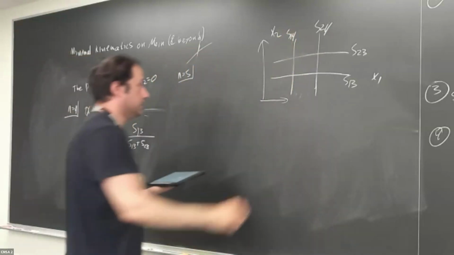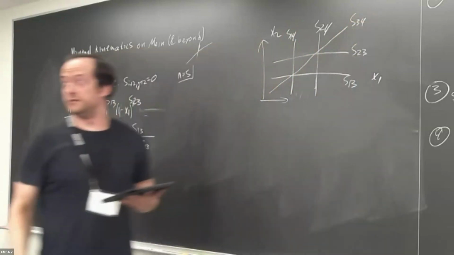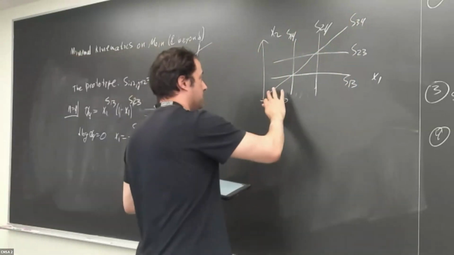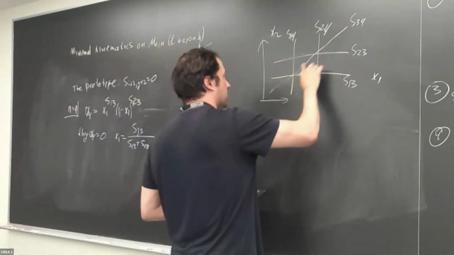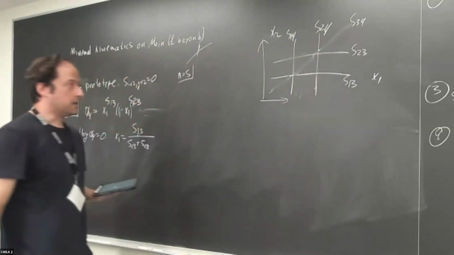But we also have s34. Okay, and so we set s34 to 0, and then we're left with our cube, and we can see that immediately.